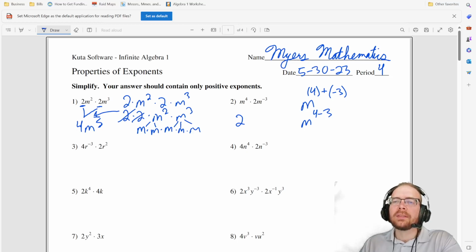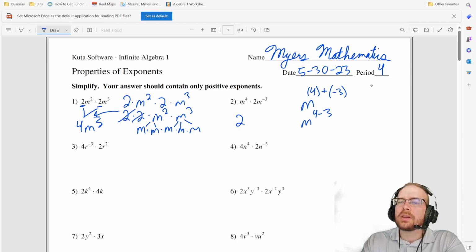If you have a plus followed immediately by a minus sign, then that's the same thing as just a minus sign. Or let's say you have a minus sign and then a plus sign, that's the same thing as a minus sign. Or if it's plus plus, that's plus, and if it's minus minus, that's a plus as well. And I'll illustrate that off to the side over here. So plus plus, plus minus, minus plus, and minus minus.